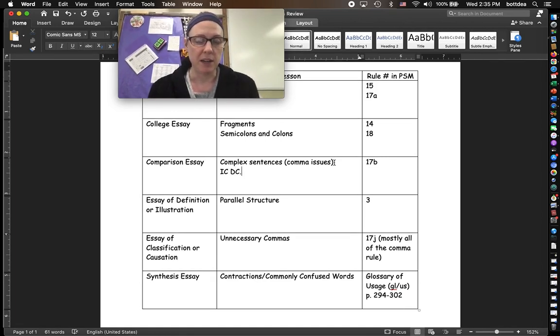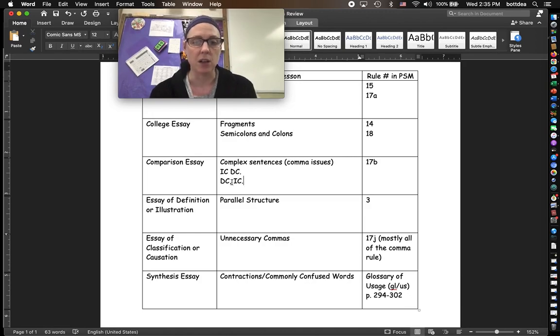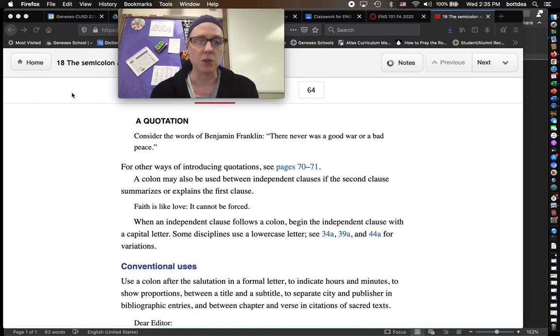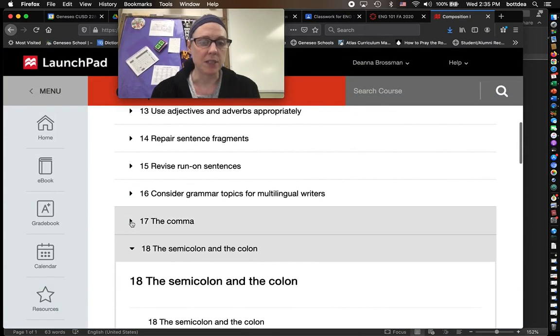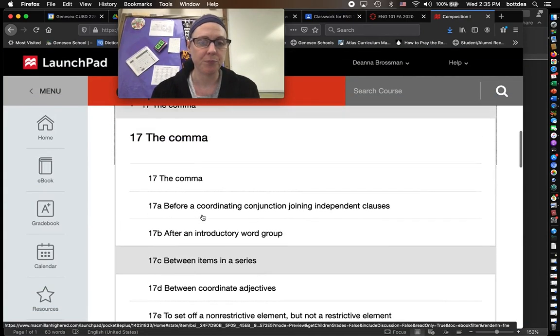Remember, that stands for independent clause and dependent clause. So if your independent clause comes before the dependent clause, there is no comma. If your dependent clause comes before the independent clause, you do need a comma at the end of that introductory clause.